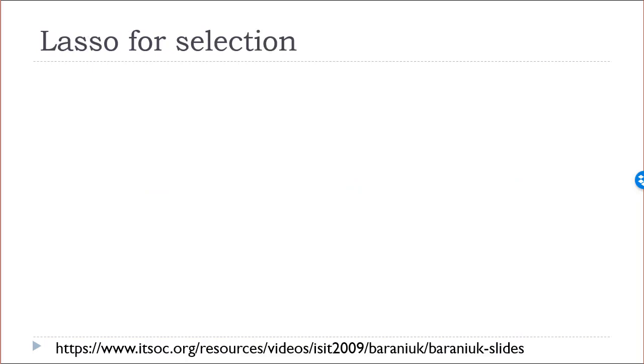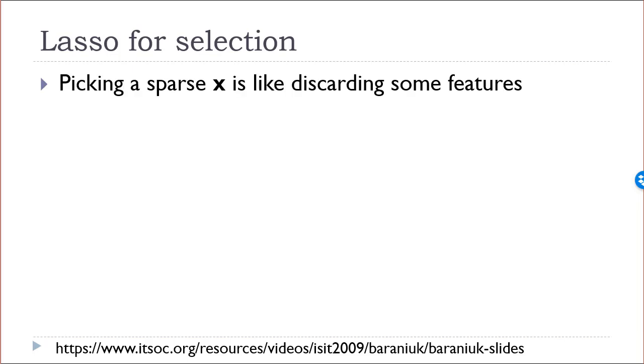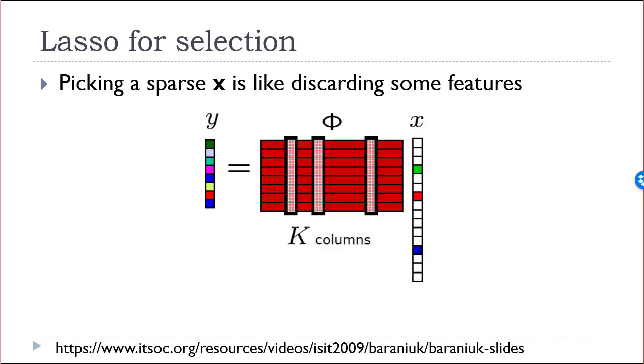Before we conclude, let us look at the use of lasso for the purpose of selection. We begin with the observation that when we are considering a solution X which is sparse, we are essentially only paying attention to the columns of the corresponding matrix A corresponding to the non-zero entries of X. This can be visualized by this cartoon here, which shows that only 3 entries of X are non-zero, and therefore Y is formed by linearly combining the 3 corresponding columns of this matrix phi.